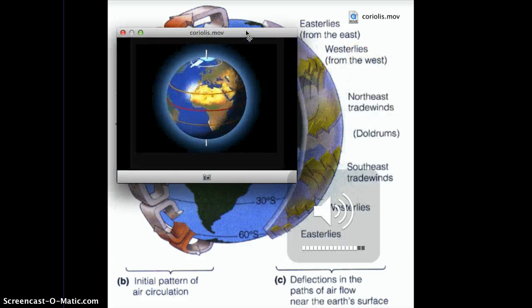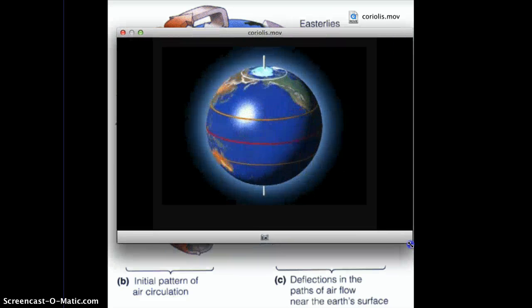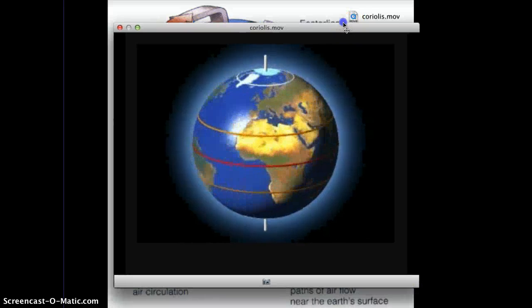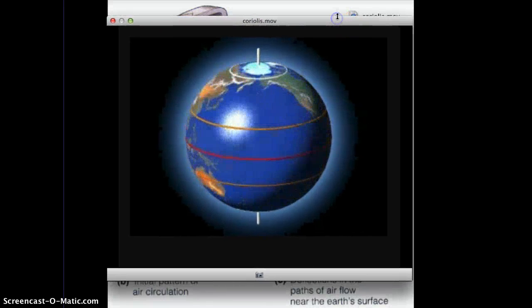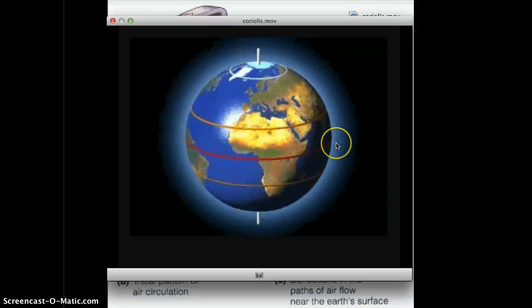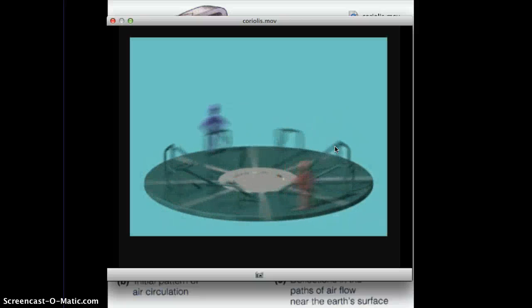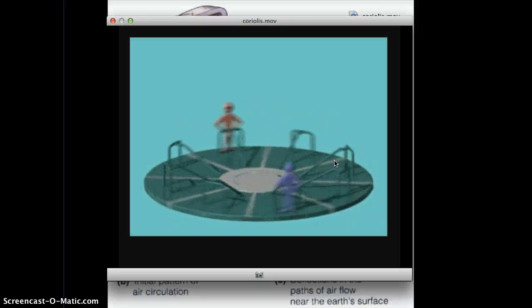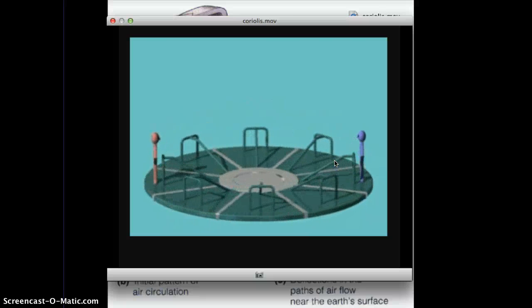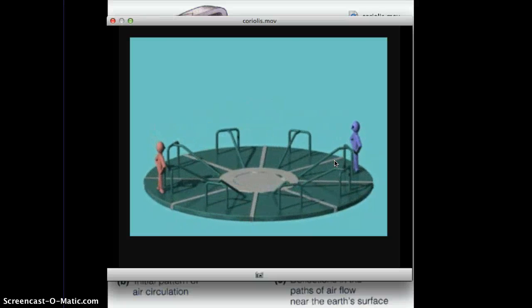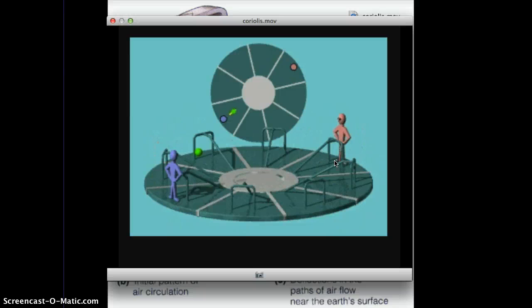An object in motion appears to be deflected from its course, as if a force is pulling it sideways. To demonstrate this point, let's imagine a game of catch being played by two people on a merry-go-round that spins like the Earth but is flat. Without rotation, the ball appears to follow a straight path from thrower to catcher.